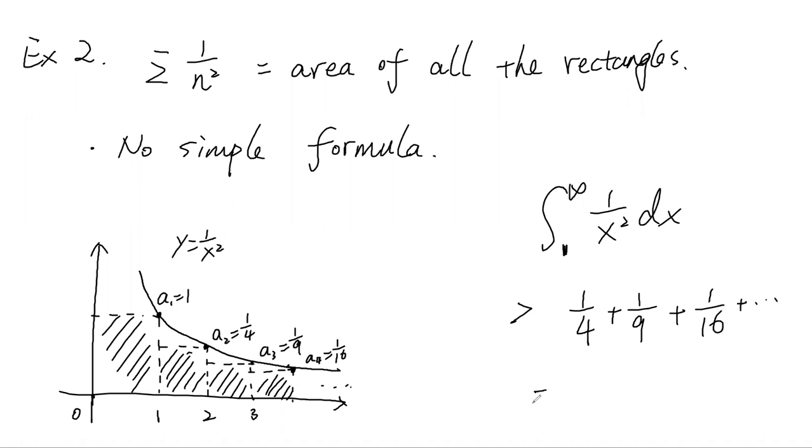And this is just the original series without the very first term, 1 over n squared, where n starts from 2 to infinity. And if we add the first term to it, you get 1 plus this improper integral is greater than or equal to 1 plus the series, the original series, 1 over n squared, n from 1 to infinity.